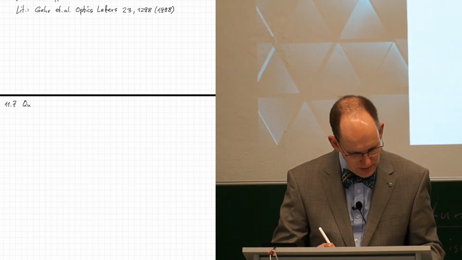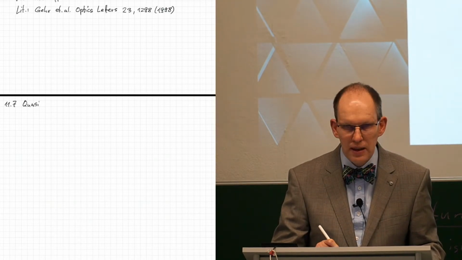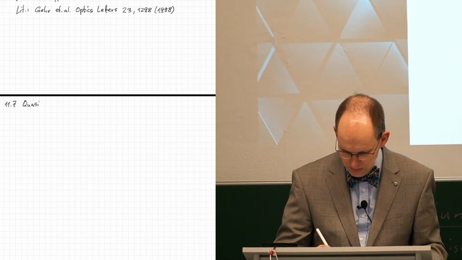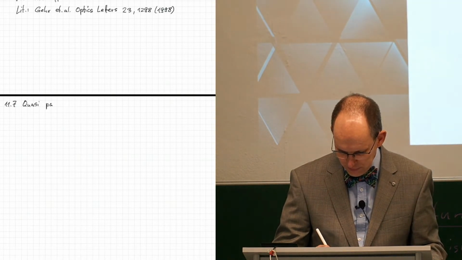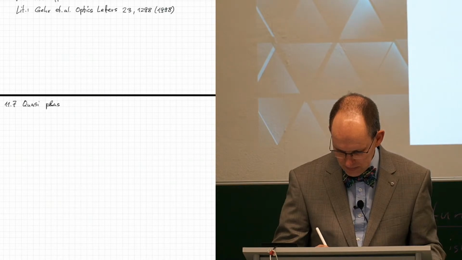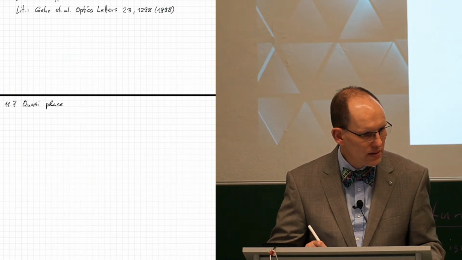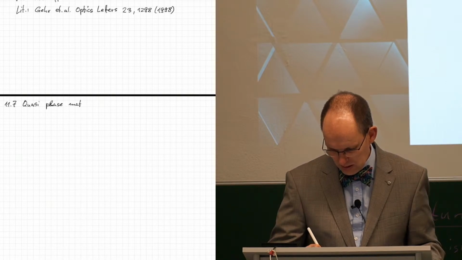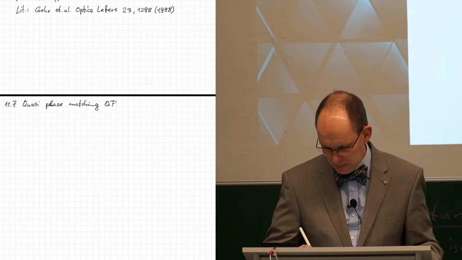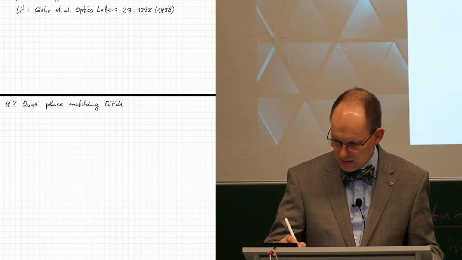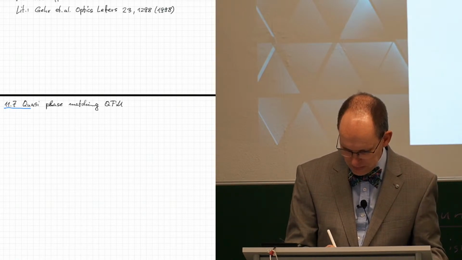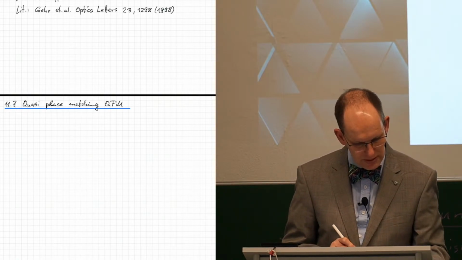But there are situations where critical phase matching, where angle tuning is not possible. So quasi-phase matching, QPM. This is the abbreviation that you see frequently for that, QPM, quasi-phase matching.